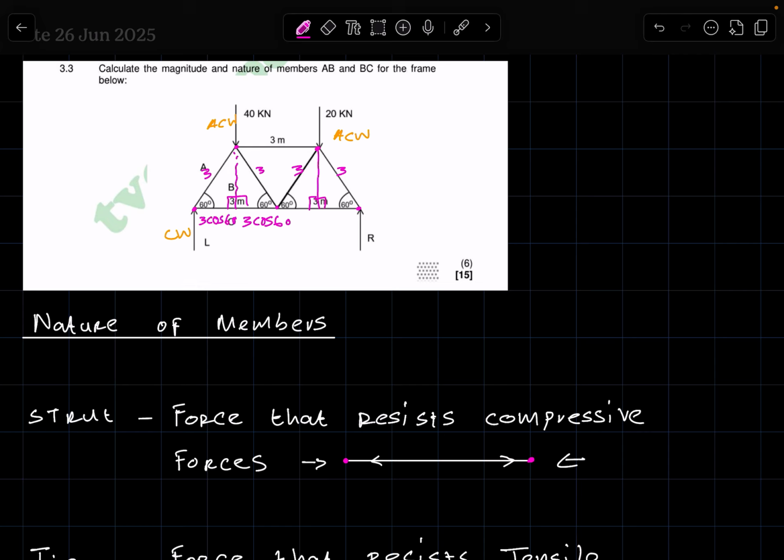Now 3 cos 60 is equal to 1,5. So from here to here is 1,5, so this is also 1,5. Similarly with this one, that's 1,5 and that's 1,5.